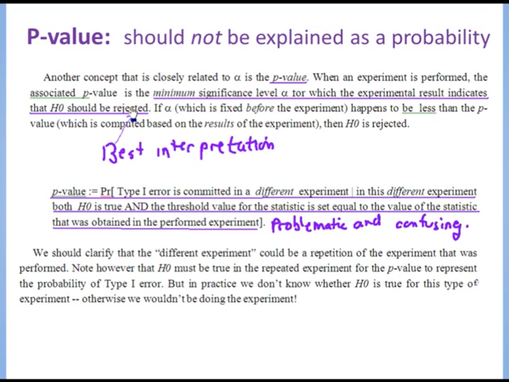If that p-value is less than alpha, you reject the null hypothesis. Okay, if the p-value is bigger than alpha, you do not reject it. If the p-value is alpha, that's the minimum significance level where the experimental result indicates that H0 should be rejected.